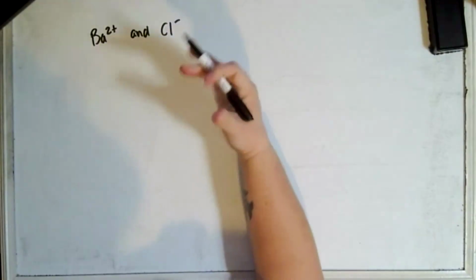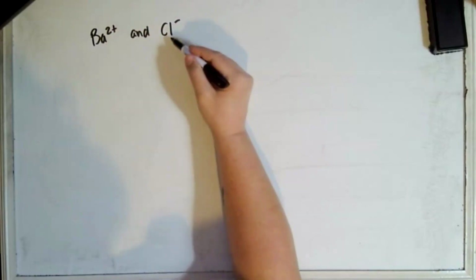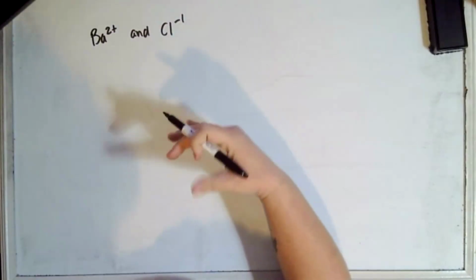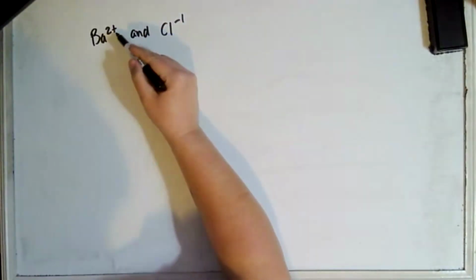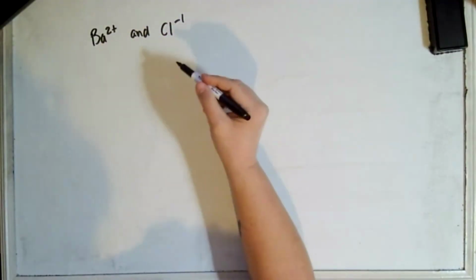The way I would suggest writing this out at first is to visualize it for yourself. Barium has a +2 charge, right? Chlorine has a -1 charge. You can even write in the -1 if it helps you visualize. I want to make the positive charge and the negative charge the same number.